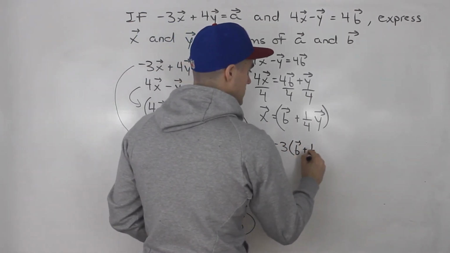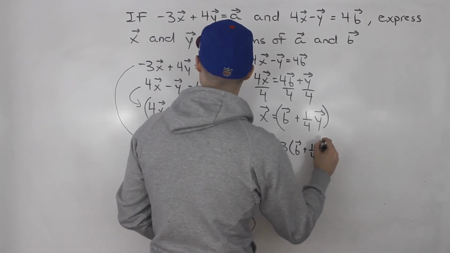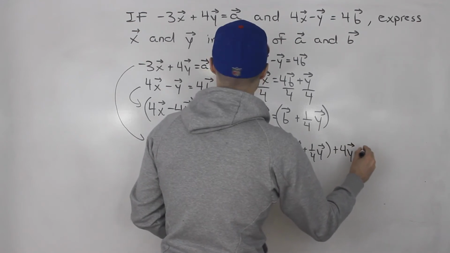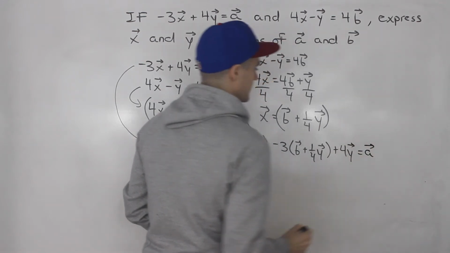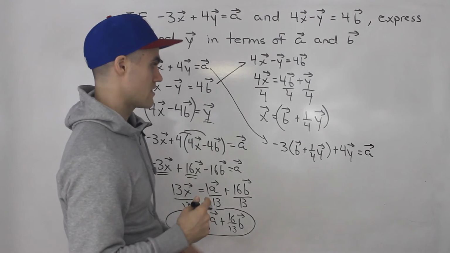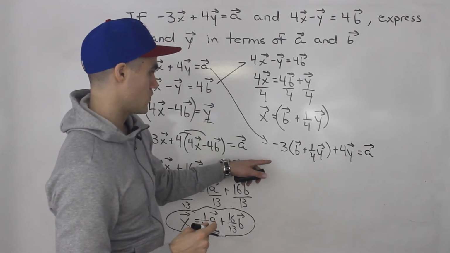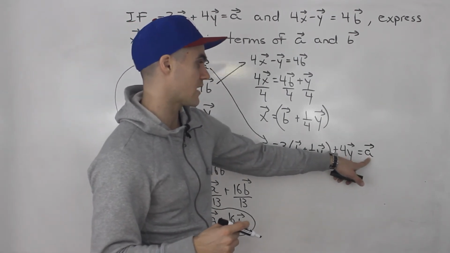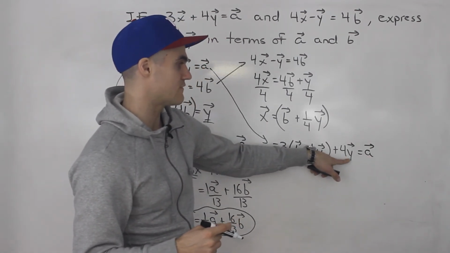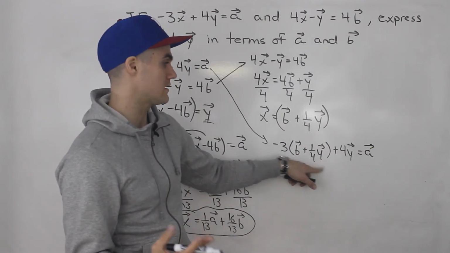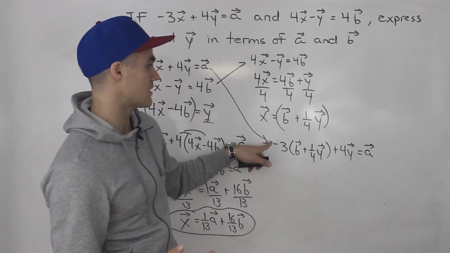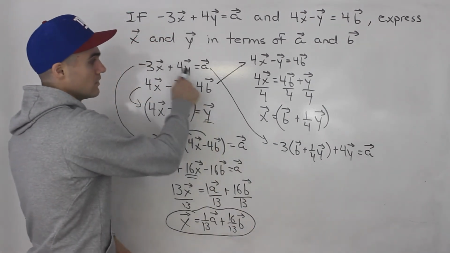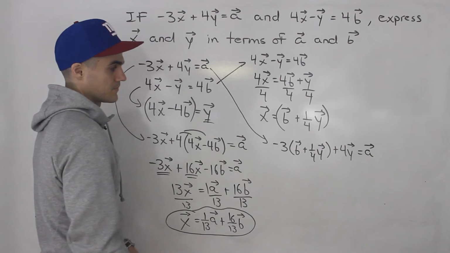So vector b plus 1 over 4 vector y, plus 4 times vector y is equal to vector a. And now notice with this equation here, we have vector b, vector y, and vector a. So we can isolate for that vector y, and it will be in terms of a and b. Notice that there is no more x vector in this equation. We took it out with this expression.